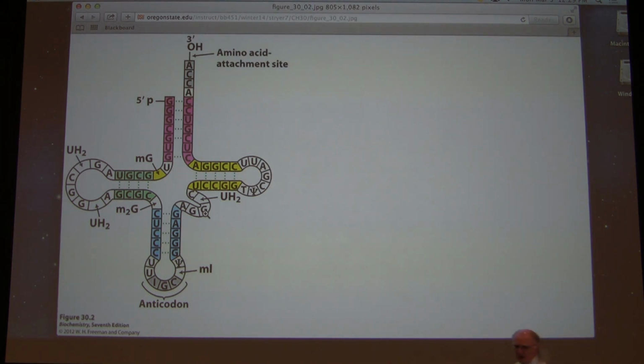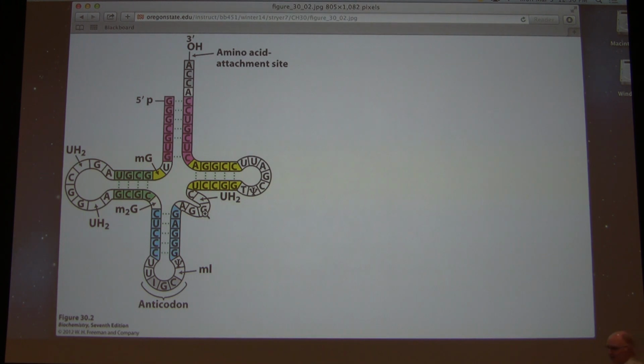There are enzymes, one of which I've already given you the name, the tRNA synthetases, that put the amino acid on up here, but in order for them to put the right amino acid on up here, they have to be able to read the anti-codon down here. You say, well, so what? Don't they do it? Well, they have to do it simultaneously. It can't go down here and say, okay, and then let go, and then hope it grabs the right one up at the other end, because that wouldn't be any good. It's got to grab them simultaneously. However, the distance from here down to here is larger than the size of most of the tRNA synthetase enzymes.